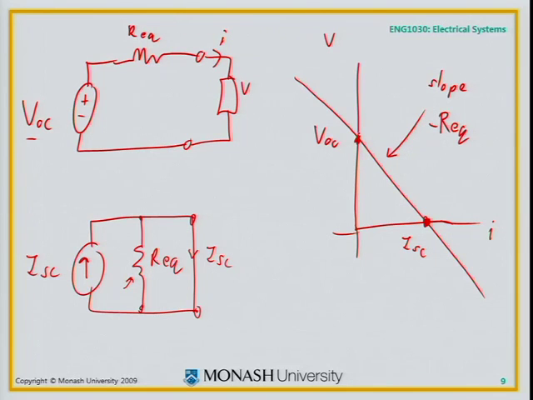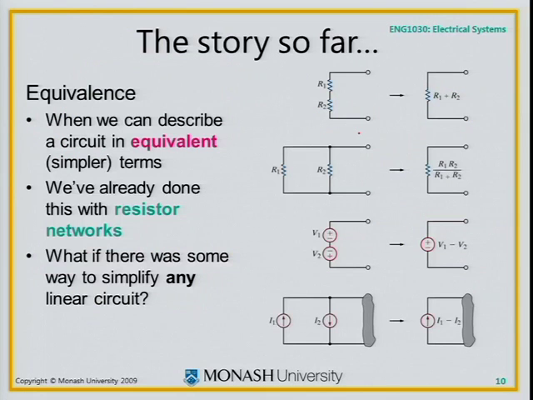It turns out you've got to find the open circuit voltage and the short circuit current exactly as we did at the start of this lecture for a particular circuit. So in fact, we've done all the hard work to find the Thevenin equivalent circuits. Okay, so equivalence, we've already done it for resistors. Circuits just of resistors, we know how to replace it by an equivalent circuit.